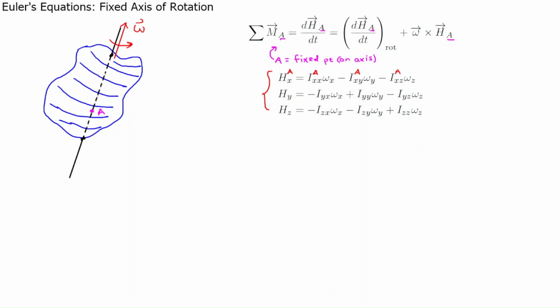So again, the angular momentum components are not necessarily parallel to or proportional to the angular velocity components for 3-dimensional rigid body rotation. So we have these more complicated components. If we have a fixed axis, then our products of inertia are not necessarily going to be equal to 0. That is, the I values that have the mixed subscripts are the products of inertia.